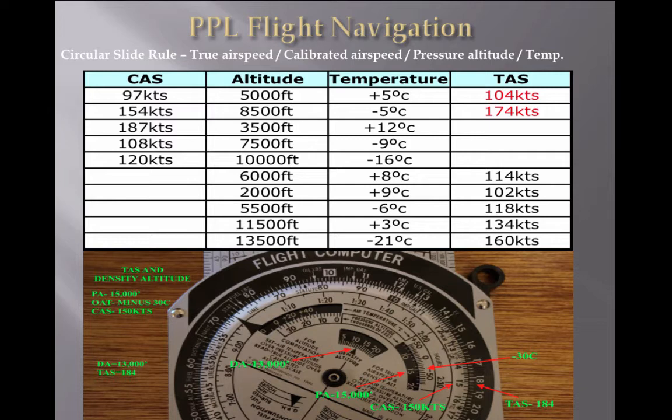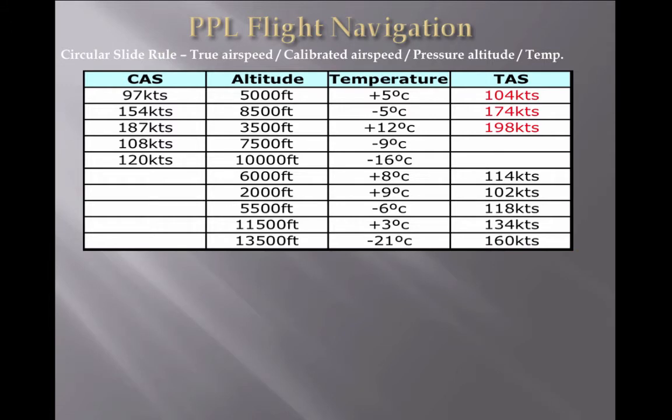Now we're looking at our CAS. So our calibrated airspeed is 154 knots. Sorry, read that wrong. 187 knots. 3,500 feet plus 12 degrees. And I'm getting a little under 200 knots. And I hope you are too.